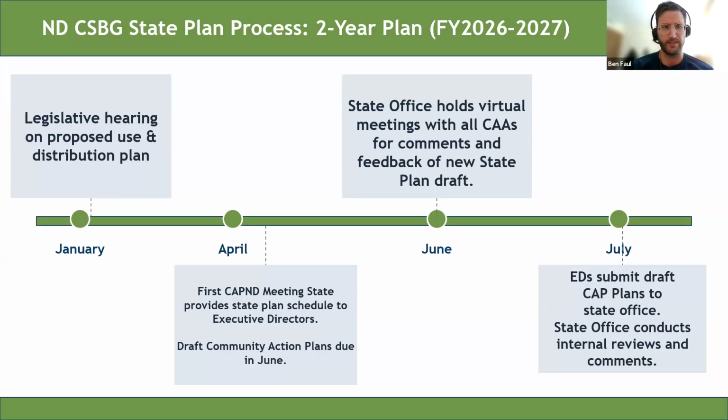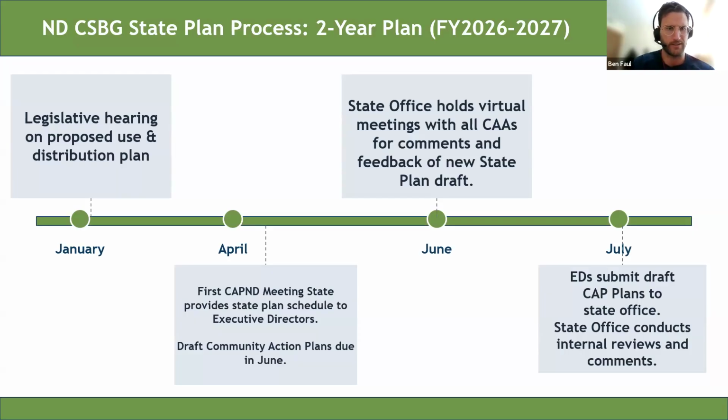In January, I present to the legislative members our use and distribution plan, which details what the state plans to do over the next 2 years, and also details success stories and statistics on what we have done in the past. I do that in January, and then in the first few months with our state association, we hold meetings with our executive directors. And this timeline isn't very accurate.